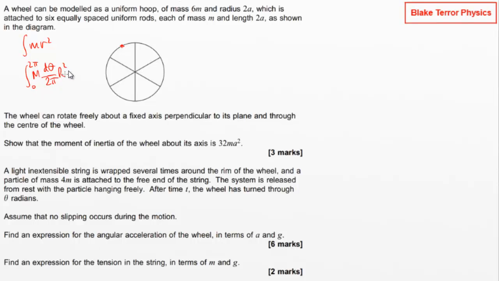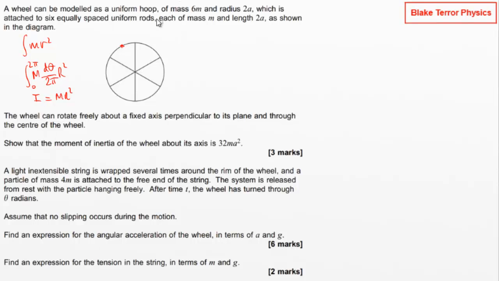I've gone for a capital M and a capital R here as a general mass and radius of the hoop, and we can put in the 6m and 2a from the question later on. These are all constants except for the d theta, and that's what we're integrating over in order to get 2 pi. So that'll all end up cancelling out, and we just get left with I is MR squared.